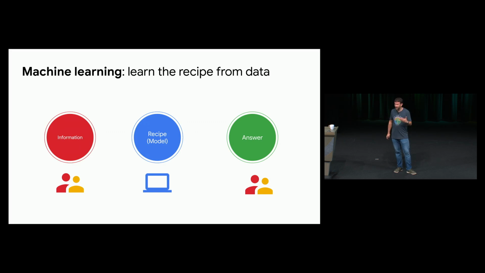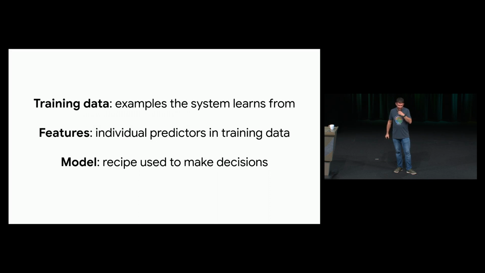In machine learning, we call that the model. The model is the recipe that we derive to make decisions. There are two other concepts that I quickly want to define. Training data are the examples that we provide to learn from. And the characteristics of those examples are called the features, the predictors that we use, the characteristics of the data to make decisions.